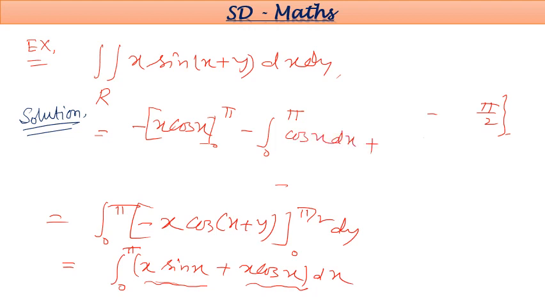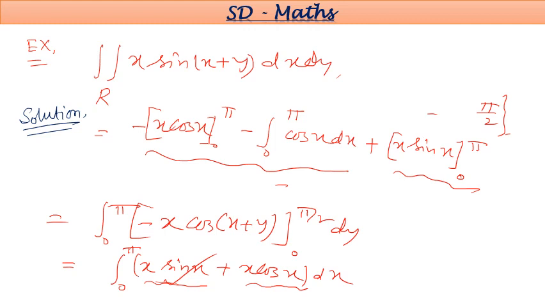The next will be plus x sin x from 0 to pi. So this is the by parts for this part, and this is the by parts for the other part.